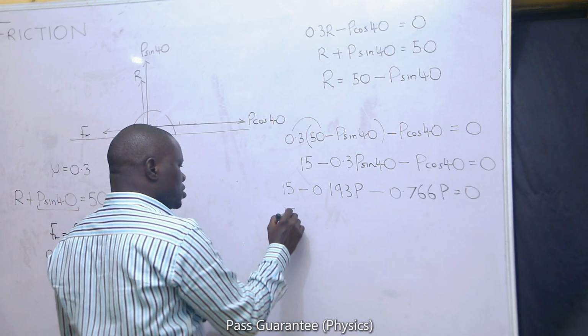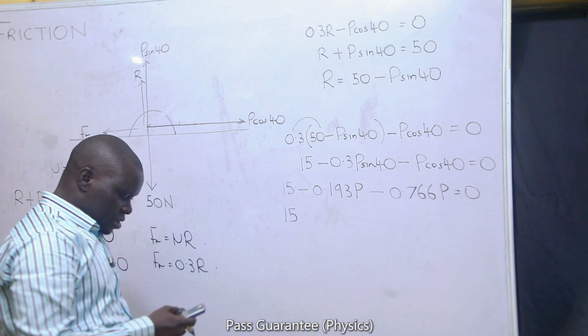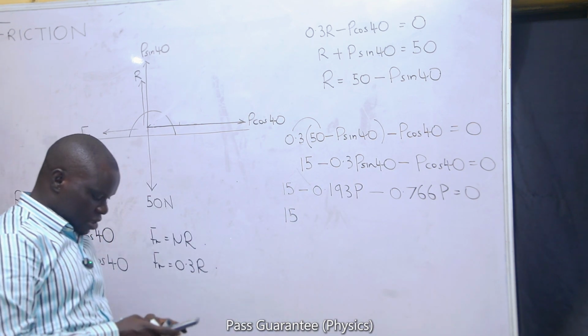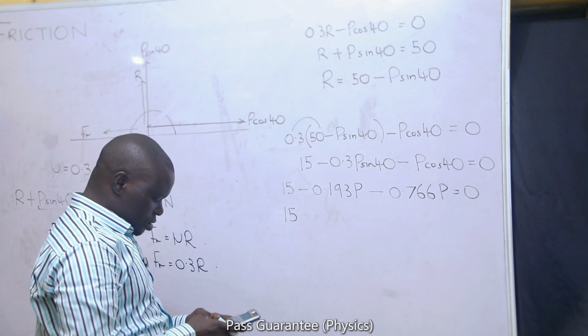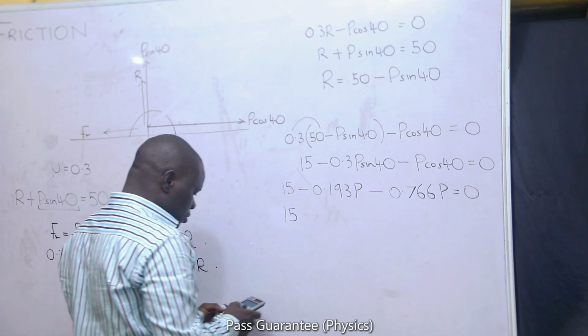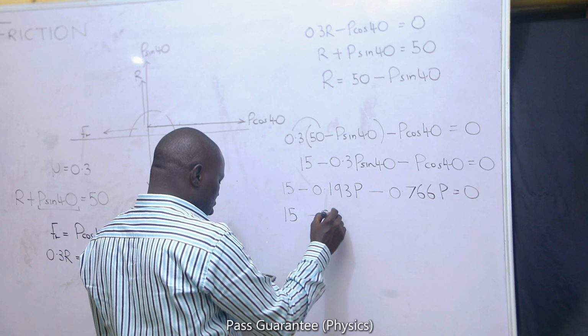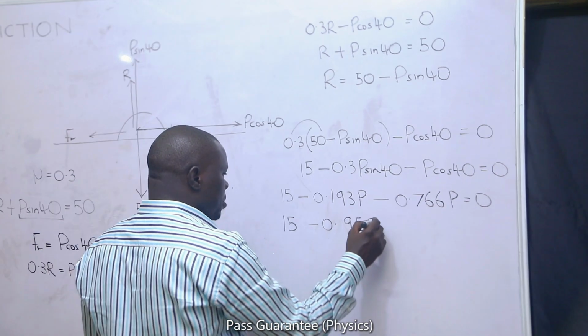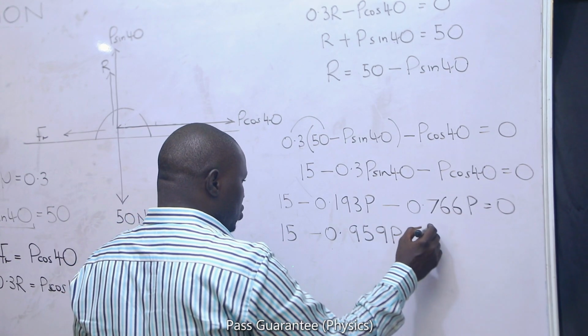So 15, I will add all of this. I will have 0.766 plus 0.193. That should give me 15 minus 0.959P. It is equal to 0.